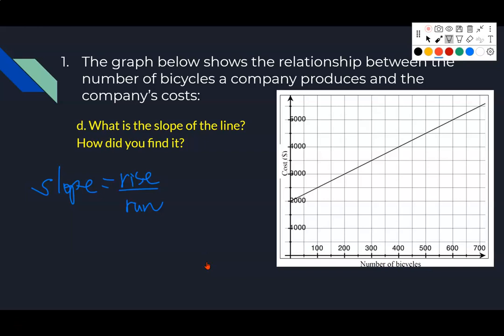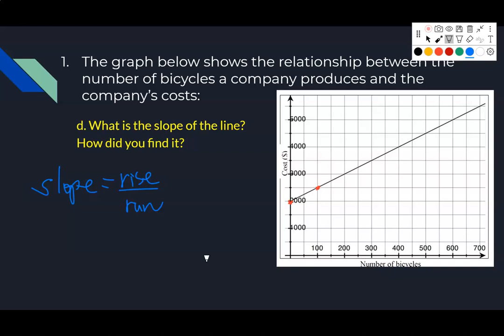Let's use our graph here, and maybe let's use 2 points, this point and this point. Using these 2 points, we'll be able to get our slope.